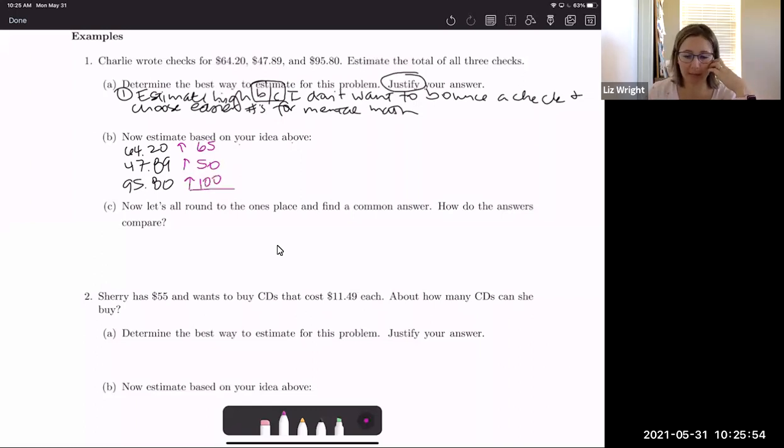I mean, it's going to be maybe somewhere between $6 to $10 more than what my actual answer is. But again, we went for high and we went for easy math. So here we are saying that is $115, and then that's $215. So here's one method. Our next method is maybe a little bit more balanced, a little bit more accurate.